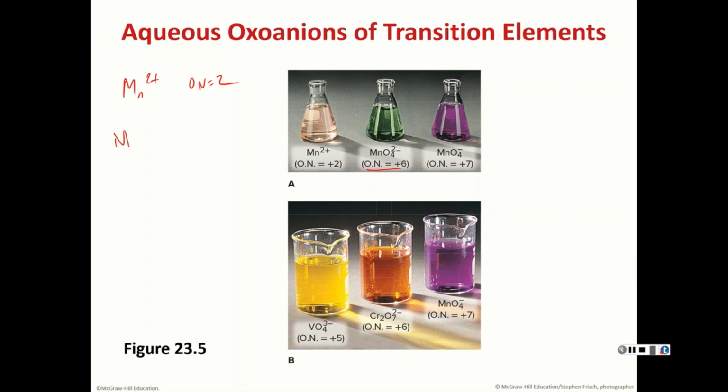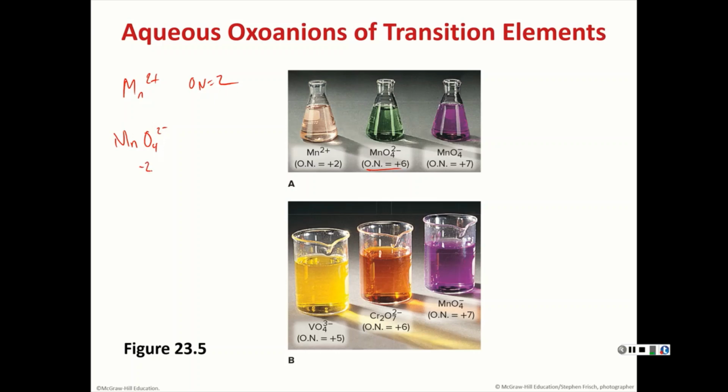So take MnO4 2-. How do we get that oxidation number? Well, manganese can have multiple oxidation states, so we can't just pick an oxidation number for it. We first have to look at what the other elements in the compound are. So in this case, it's oxygen.